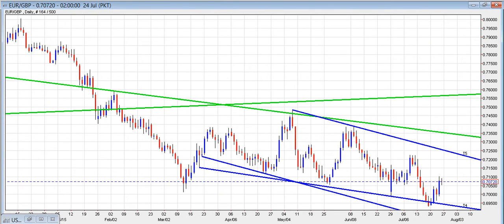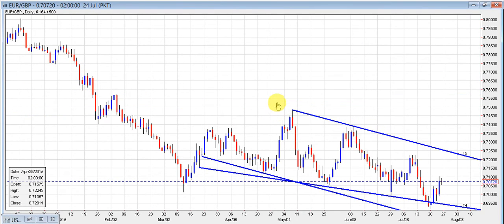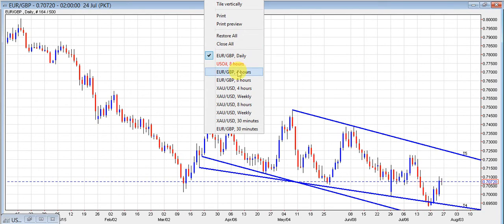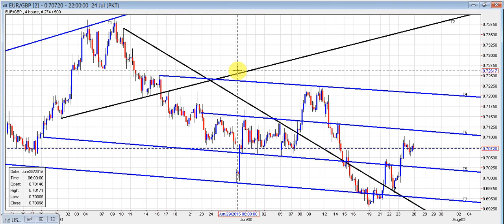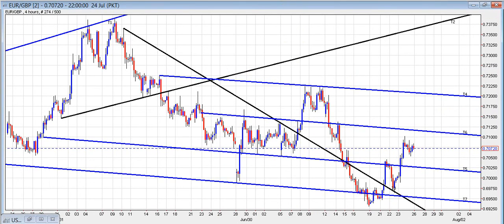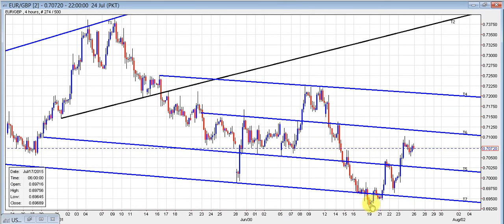This is another one on Euro Pound. You have a buy signal here. I haven't posted this out, but then again, I do a lot of charting. At the moment it closed above this trend line, it was a buy and probably should continue towards here.